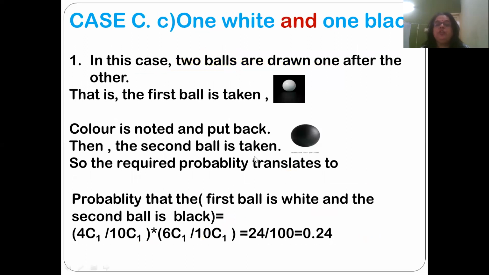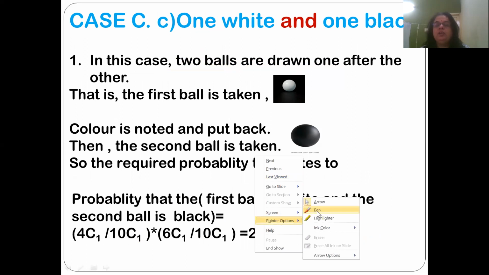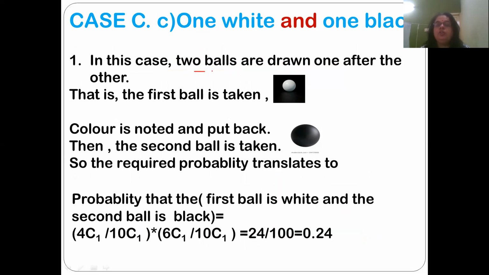Case C is one white and one black. In this case, again, two balls are taken one after the other. That is, the first ball is taken, the color is noted and it is put back, then the second ball is taken.